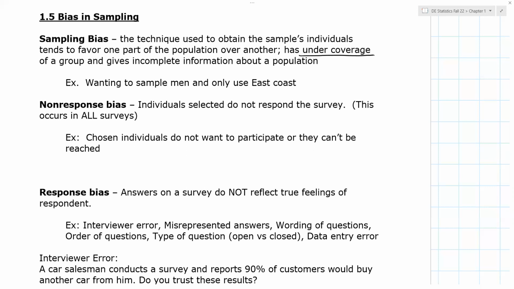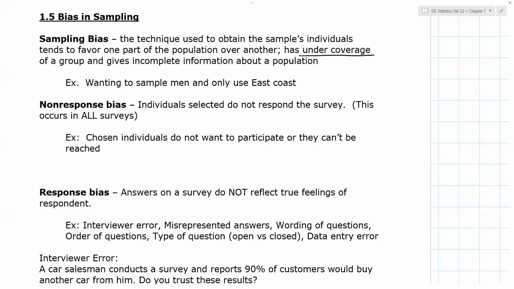Well, that's going to create an issue because sophomores are greatly impacted by this supposed rule change, and they're impacted in such a way that their opinion could differ from the people that we actually got. So there's an undercoverage, an underrepresentation of sophomores whose voices should be heard in this proposed rule change.